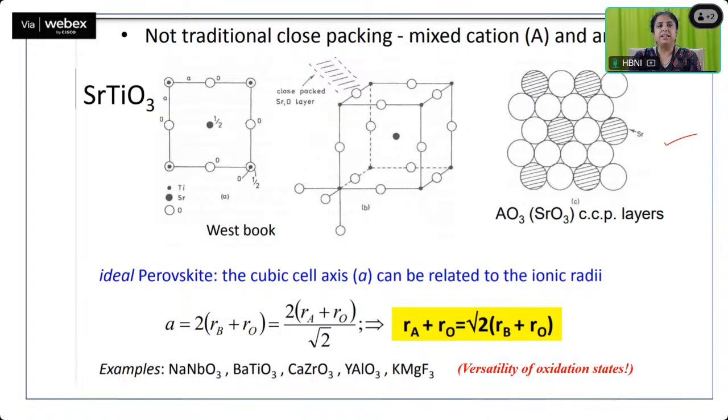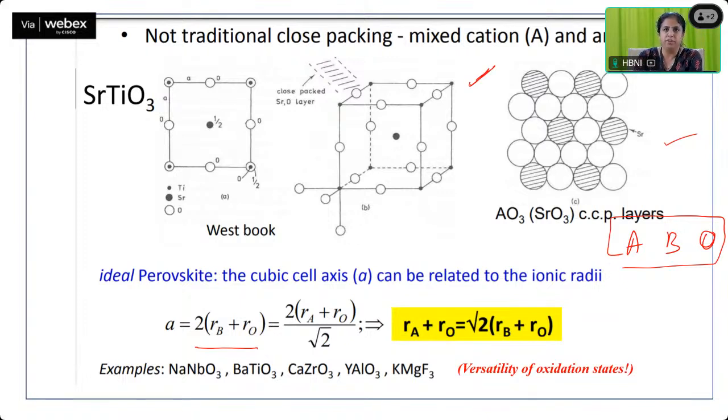Well, when I say that so many structures are possible, perovskite typically is the cubic perovskite. So what will be the radius ratio of A and B with respect to oxygen that they can adopt a cubic ABO3 structure? Okay, so that is given by this relation. How have they derived this? Just look at this particular cube.